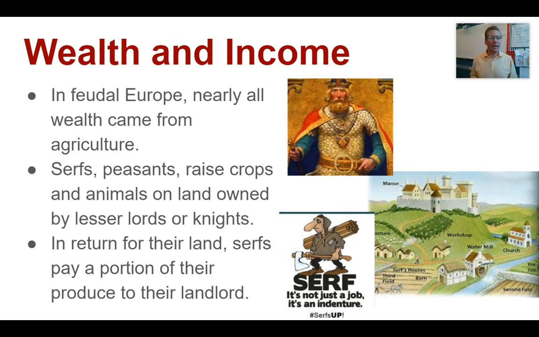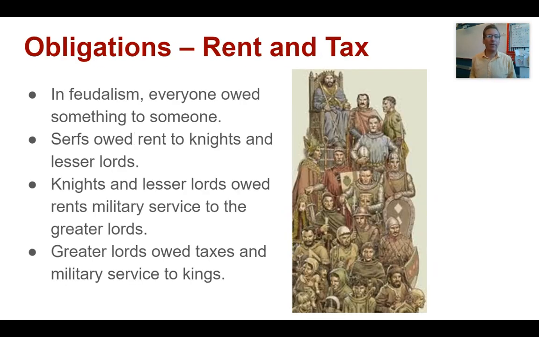In return for their land, serfs pay a portion of their produce to the landlord. So a serf might owe 80% of their produce to a knight. The knight collects all the produce from a bunch of serfs and owes 60% of that to a count. And then the count owes 60% of what he collects from all of the different knights to the king. And so it works its way up in a sort of pyramid.